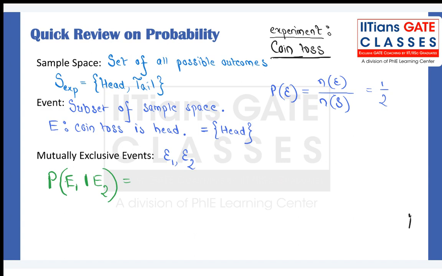Given that E1 has occurred, the probability that E2 occurs is 0. I hope you know what this bar is. It's called conditional probability. Given that an event has occurred, what is the probability that the other event will occur?